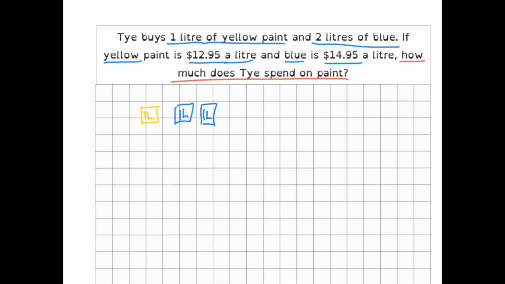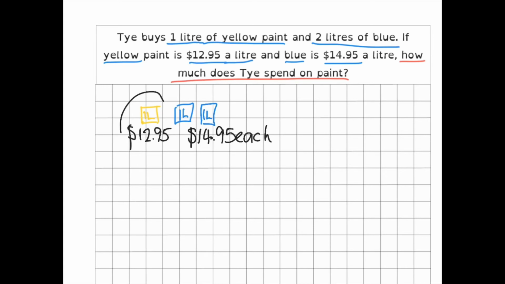And then it might help as well to pop the price down there so that you're seeing how much they cost. Okay, so they're $14.95 each, those ones.